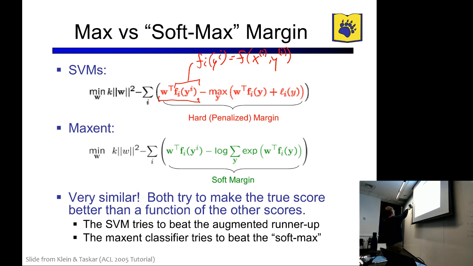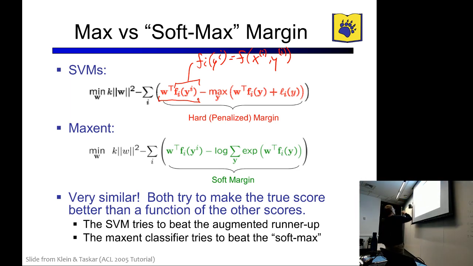And so here, again, in the numerator for the log linear model, you have the score of the correct classification. And then you have the log of the denominator of, say, multinomial logistic regression, which is just summing over all of the possible output classes y, and for each one taking exp of W transpose f of x and y.